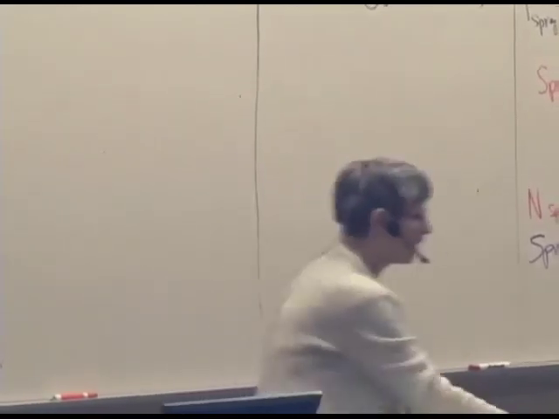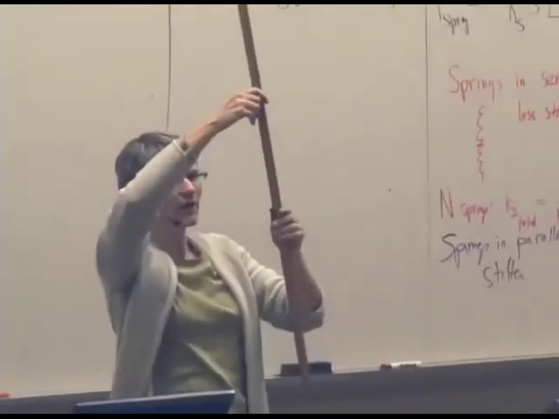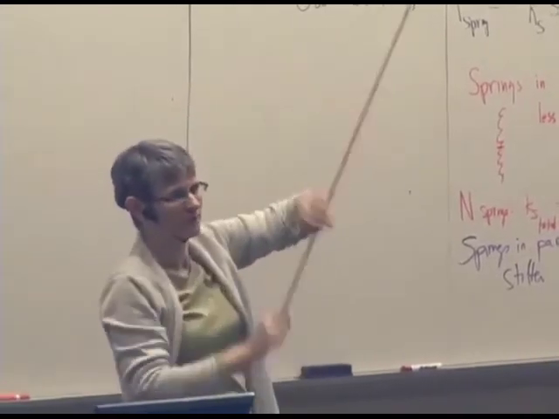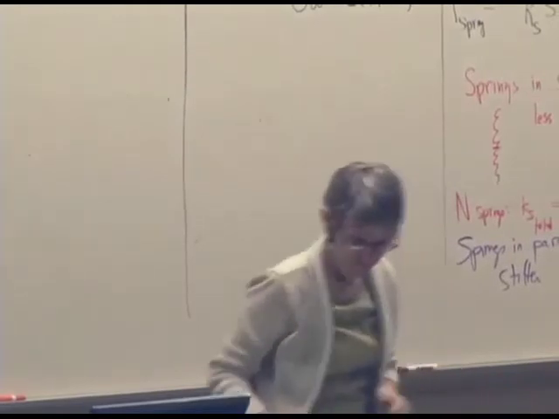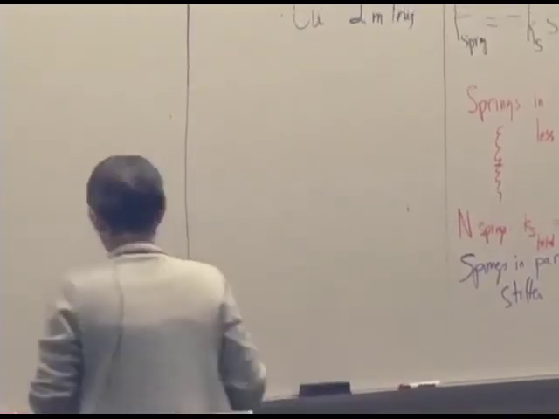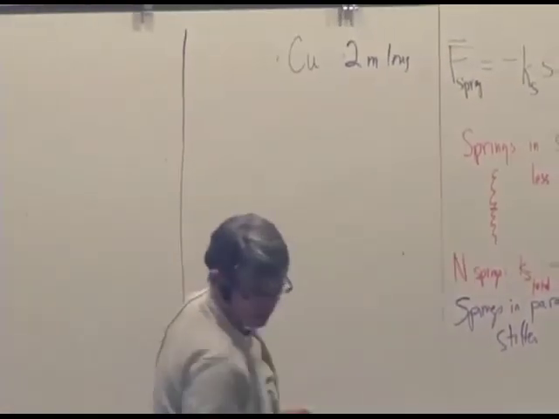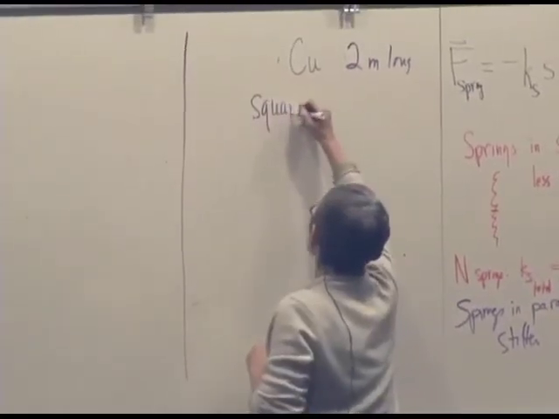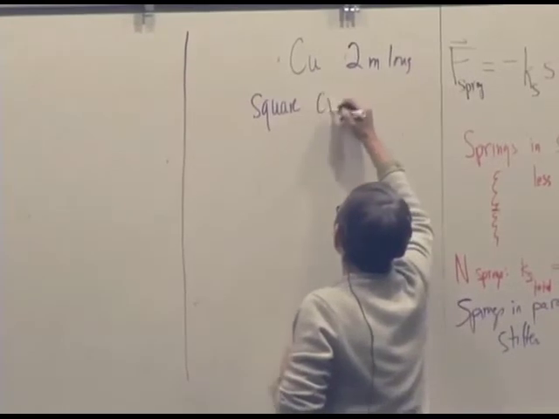So we're going to make the wire have a square cross-sectional area, so it's going to be a square wire. If you looked end on, it would be square.